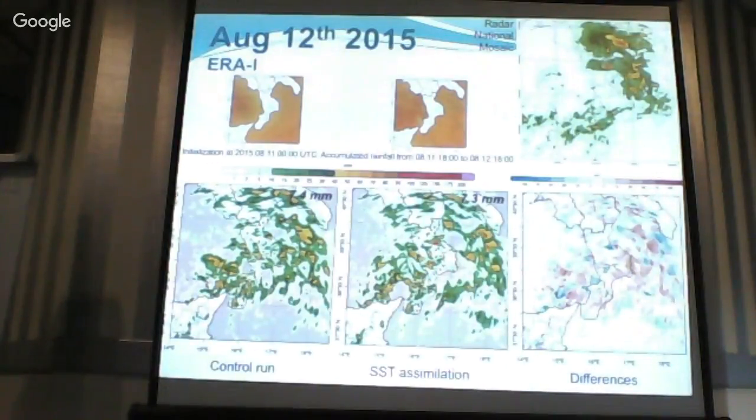So we have to wait more than 24 hours before the main precipitation event happens. This is because we wanted to let the model system have coherent atmospheric fields with respect to the new sea surface temperature field that we forced in the model.